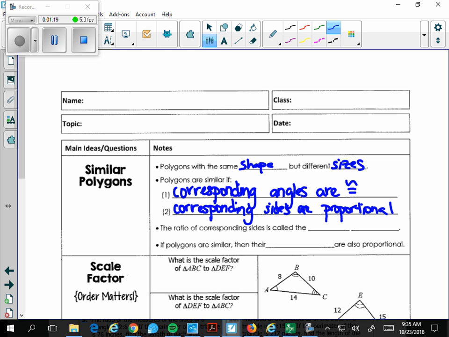So I need both of those two things to happen. Notice that we're using a lot of stuff that we've already talked about. I have to remember my corresponding angles and corresponding sides, and we just talked about proportions and ratios, so that's going to help us here.